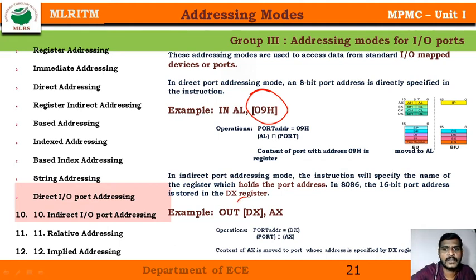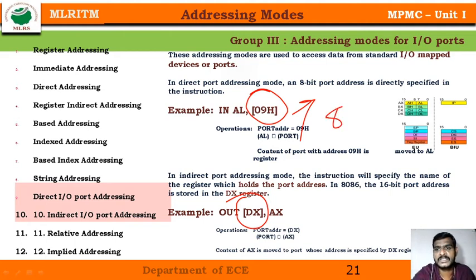In the output example, the port address is held in a register, where the DX register is holding the port address of your data. So what is the difference between IN and OUT? When I say IN AL, 09H, whatever the content is at port 09 is taken, up to 8 bits. Why 8 bits?